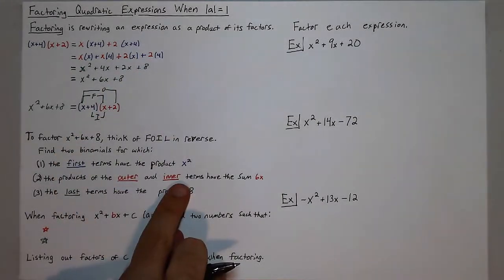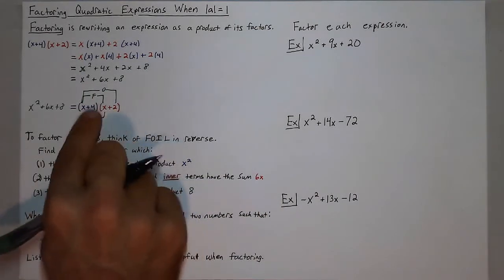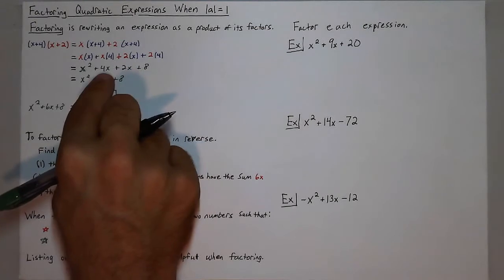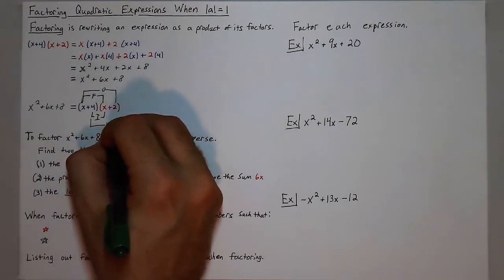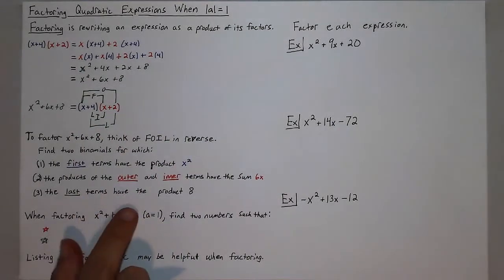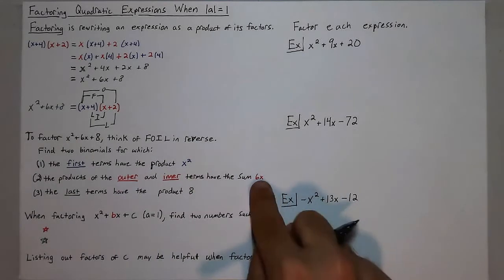The sum of those two should be 6x, which it is: 2x plus 4x is 6x. And then my last terms have a product of 8. So that gives me the x squared, 6x, and 8.